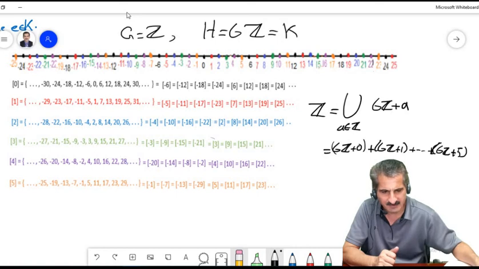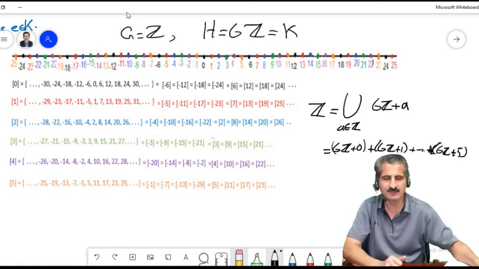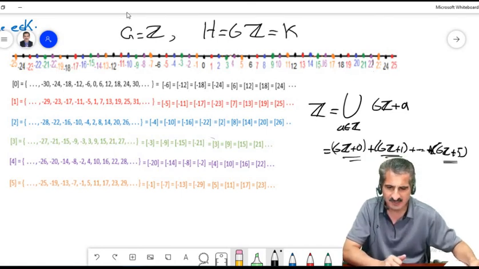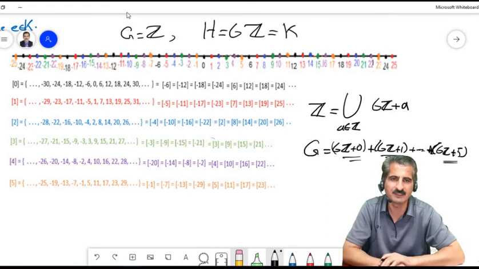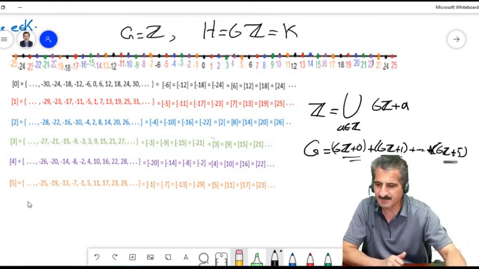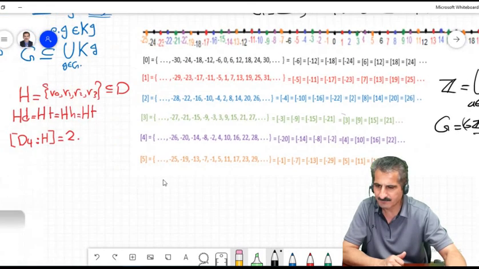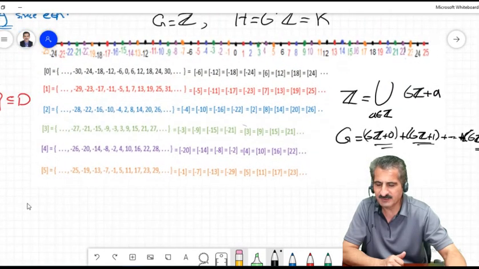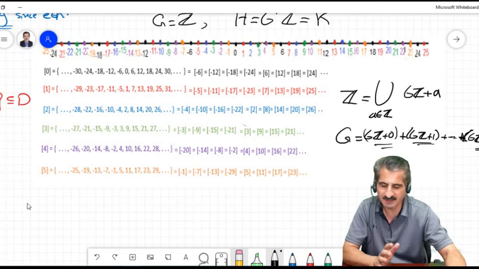Now this can make us see the theorem more easily. The union of the cosets gives us the group back, and the intersection of any two of them gives us phi. They are disjoint. And here you see the number of the distinct right cosets is 6.